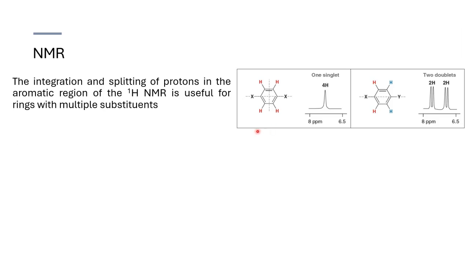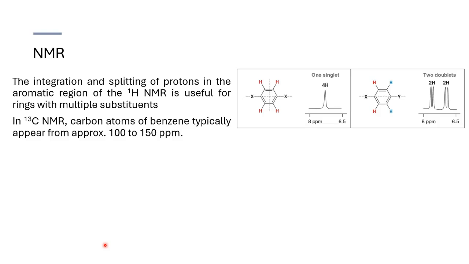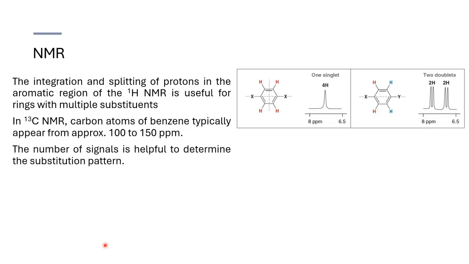NMR. The integration and splitting of protons in the aromatic region of the 1H NMR is useful for rings with multiple substituents. Aromatic protons will be found downfield, but their multiplicity will give us information about their environment. In the carbon-13 NMR, carbon atoms of benzene typically appear approximately between 100 to 150 parts per million.